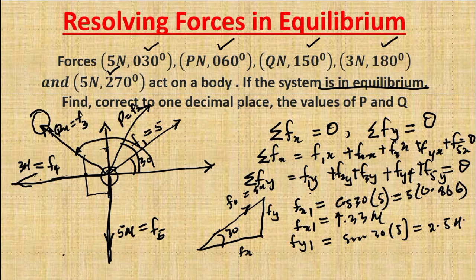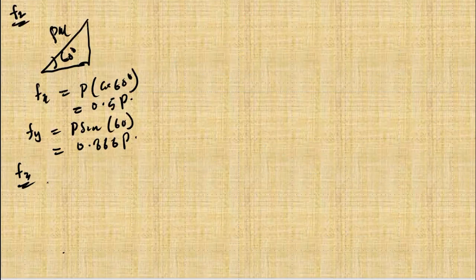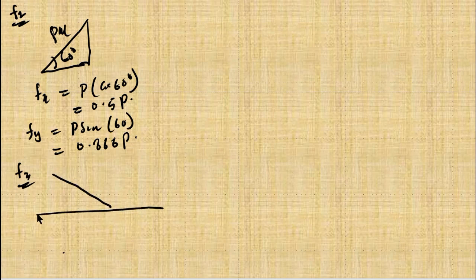Please do not neglect those conventions. So for F3, which is 150 degrees, I have it this way. Here's the force, here's my f of y, here's my f of x, and here's the angle it subtends, which is 150 degrees.